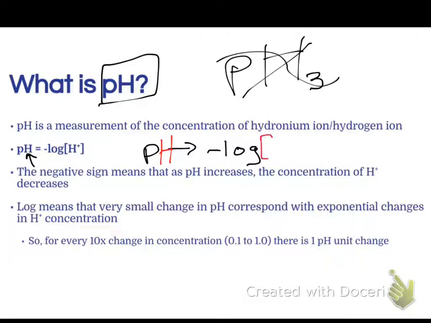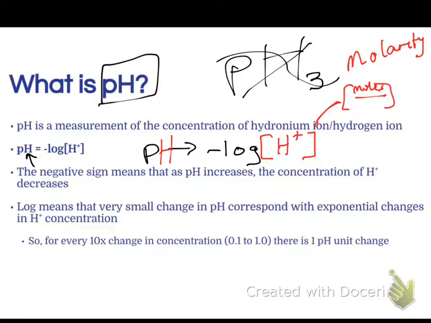means concentration of H+. Now, when we write things in brackets like this, this means molarity. And if you recall from the solutions chapter, that means moles of solute per liter of solution. Okay?